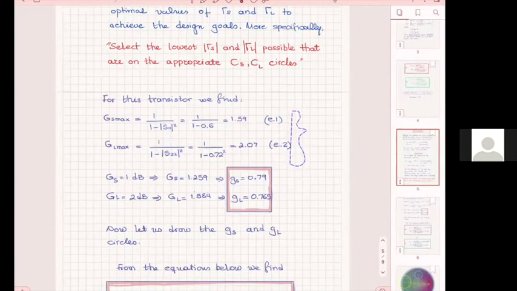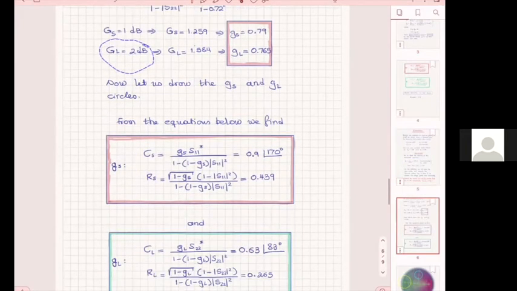Having said that, they told us to design it so GS is 1 dB, all right, and GL is 2 dB, which makes small gs 0.79 and small gl 0.765. And each one of these values, GS and GL, is representing rather 2 circles.